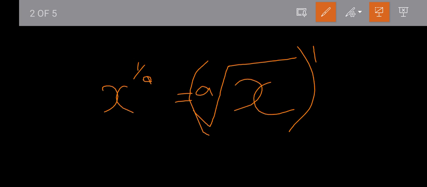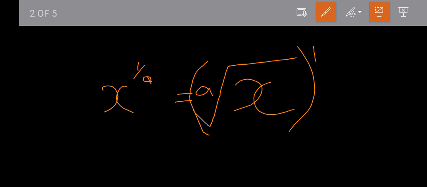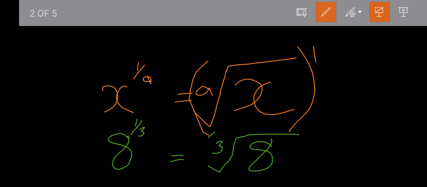I'm going to say that again. Let's say I have 8 raised to the power 1 over 3. The first thing I'm going to do is take the root of the denominator. The denominator is 3, applied to the base, and then the power of the numerator.